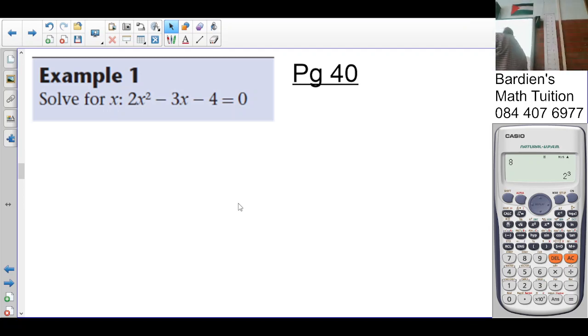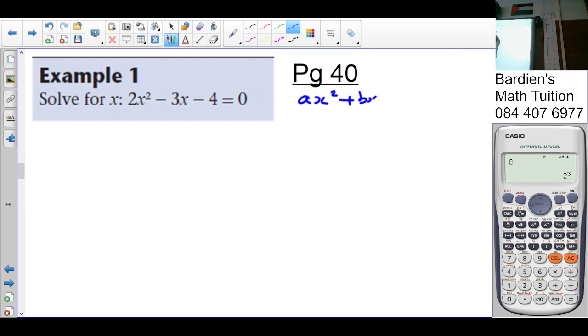So, looking at it in the form of ax squared plus bx plus c, the coefficient of x squared is your a value. So what is your a value in this case?